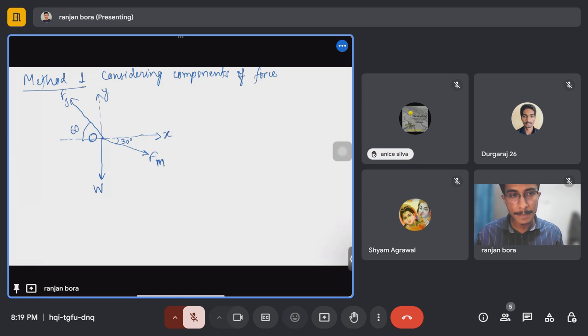Is this clear? Have you understood this?